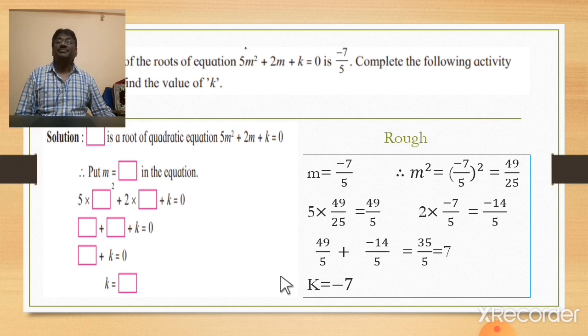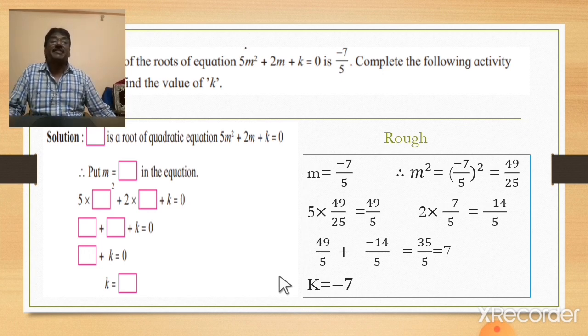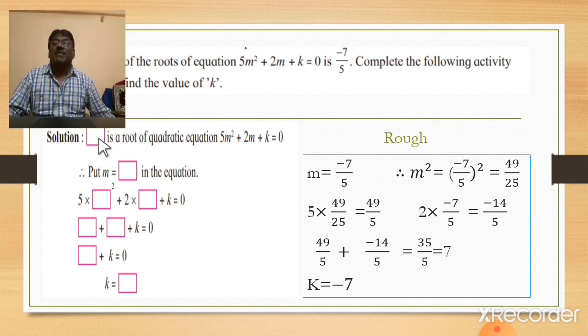Now this is the sixth example, which is an activity. While solving the activity, write the given example as it is. Then by solving the problem in rough, we can fill in the blanks. Minus 7 upon 5 is the root of the quadratic equation 5m square plus 2m plus k equal to 0.